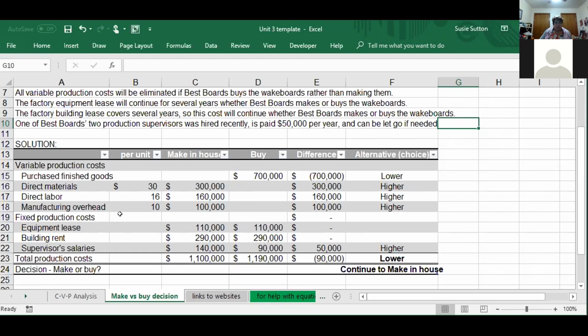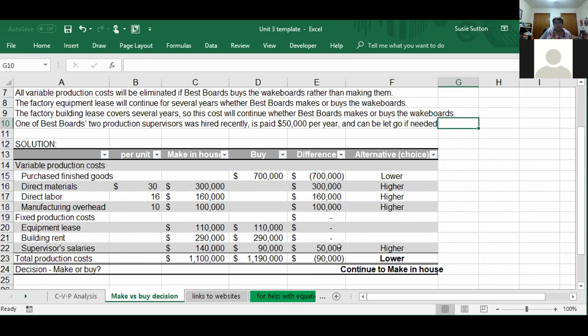Our fixed production costs, our equipment lease, and our building rent, which can't be changed. So it's $110,000 and then $290,000, and those are unchanged. Then our supervisor salaries, we had $140,000, but if we buy, it could go down to $90,000.